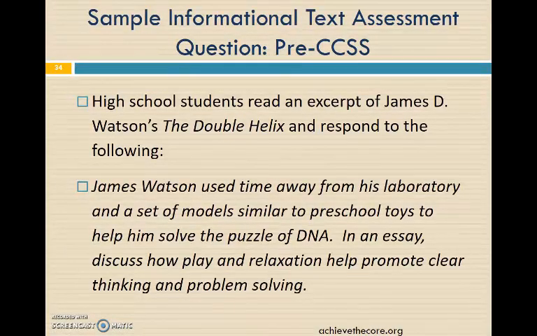All right, so here's another example of a pre-Common Core question. James Watson used time away from his lab and a set of models similar to preschool toys to help him solve the puzzle of DNA. In an essay, an entire essay, discuss how play and relaxation helps promote clear thinking and problem solving.